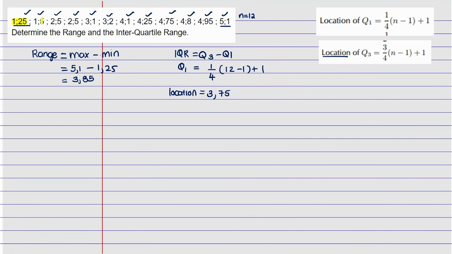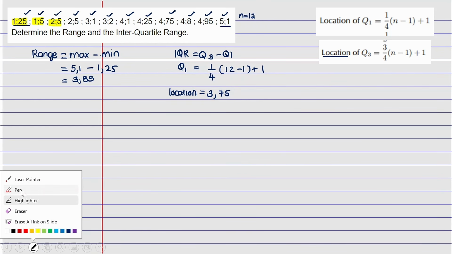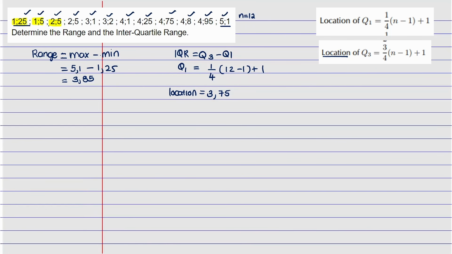This is 1, 2, 3, then 0.75 needs to be somewhere here. Since this is an even number of terms, it's going to be between 2.5 and 2.5, and the reason is because of the even number. So my Q1 is in between these two, and it's equal to 2.5 plus another 2.5, divided by 2.